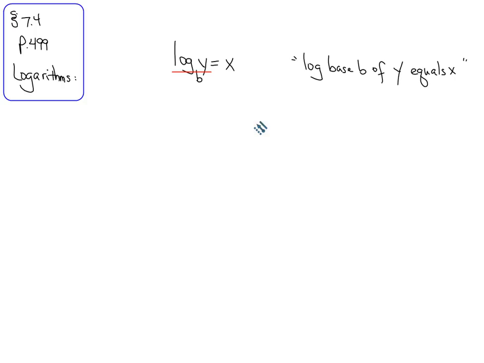Okay, it's important that you write this the correct way. What a lot of people do is they get a little sloppy, or they get a little lazy, or they don't really stop to think about what they're doing, and they write it like this. That says log of b to the y power equals x. If you don't write something down here as the base, by default it becomes base 10.